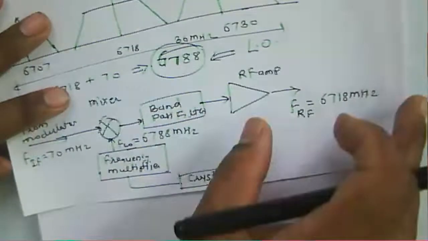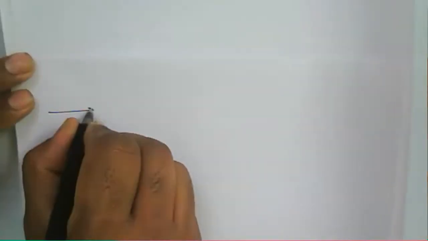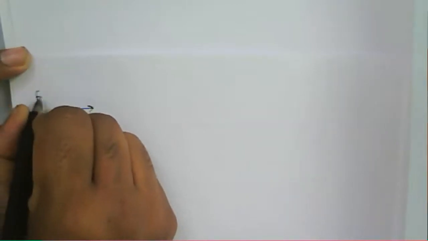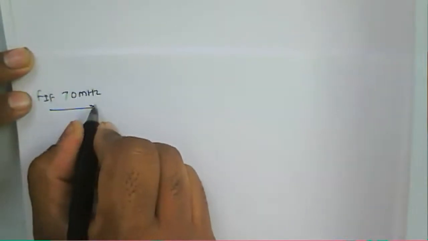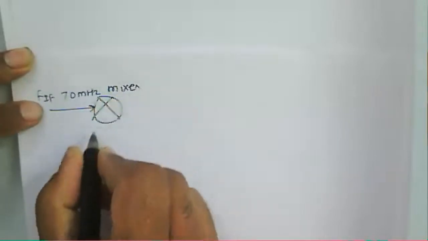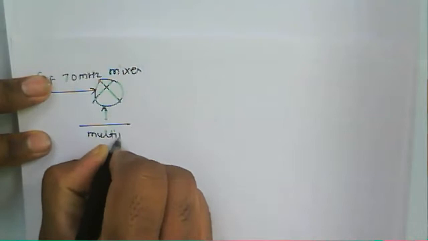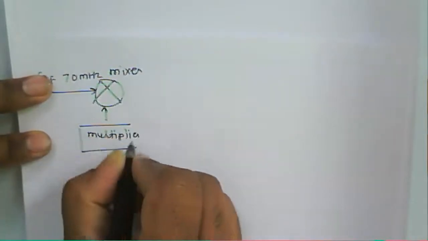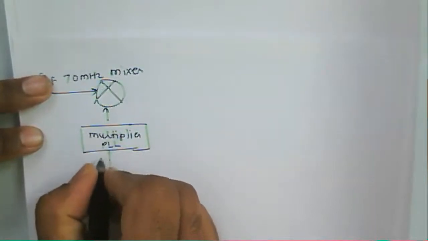But again, instead of a single up conversion, we can use a double conversion here. For the double conversion, we supposed to give that input F IF of 70 megahertz from the modulator. Then here we have a mixer. Then we require a frequency multiplier, or we can say a PLL here.